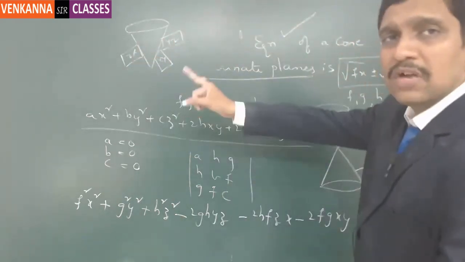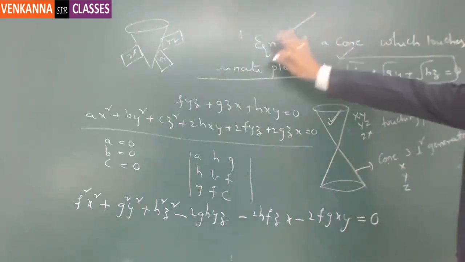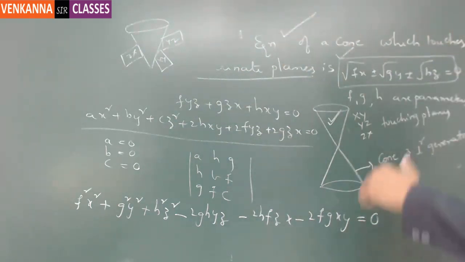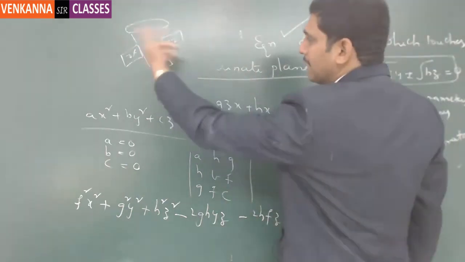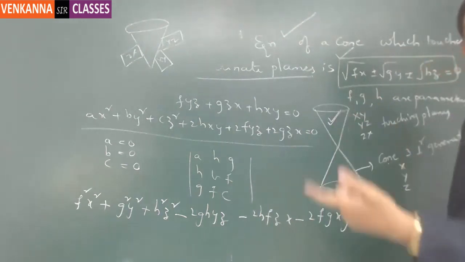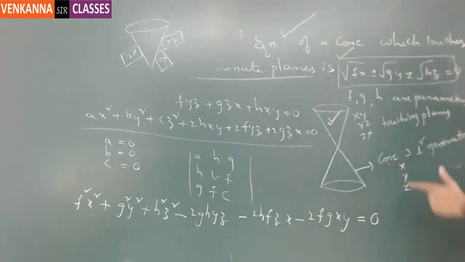And the equation of the cone is nothing but this one that we need to prove actually. So apart from straight away taking a cone which is touched by the planes, I am considering the cone which is passing through the three coordinate axes.